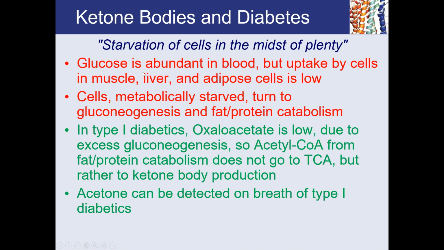So, glucose is abundant in blood, but uptake by cells in muscle, liver, and adipose tissues is very low. So cells are metabolically starved. And when they are metabolically starved, they turn to gluconeogenesis and catabolism of fat and protein. Okay, that makes sense. Think about it.